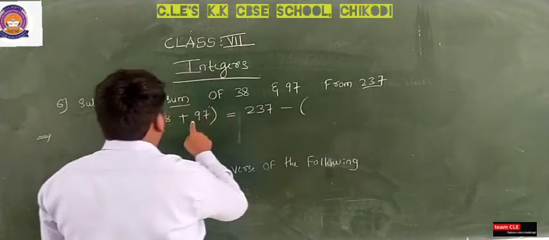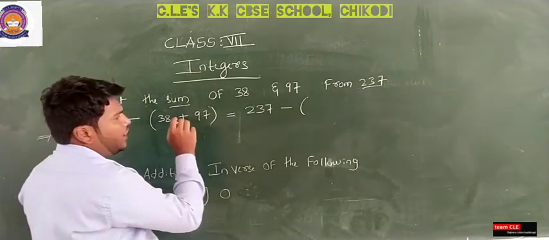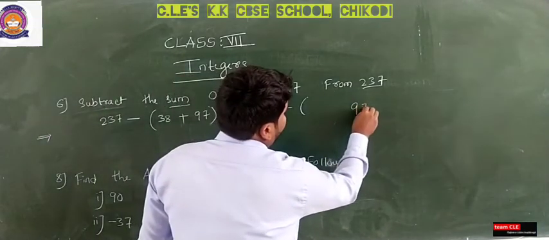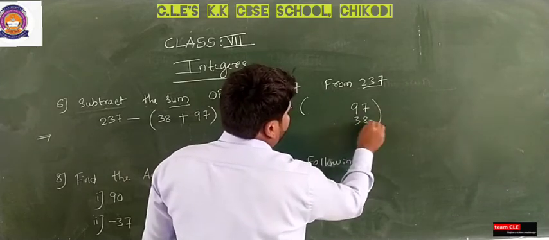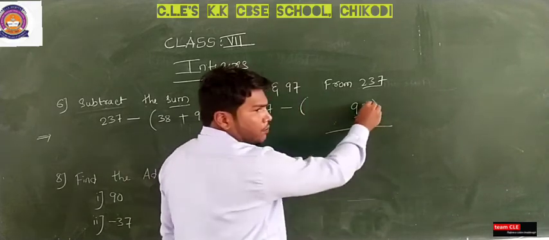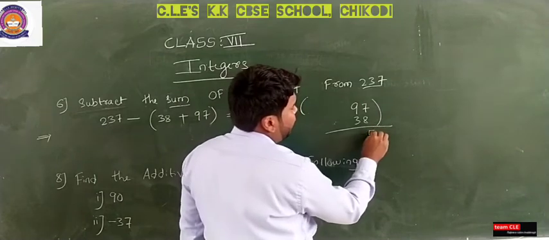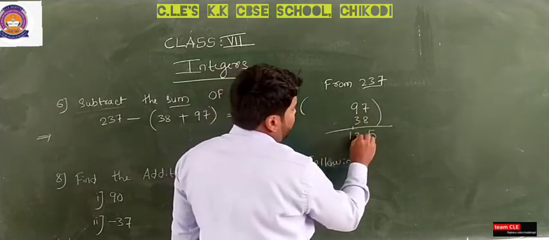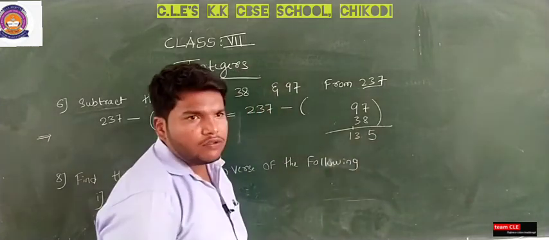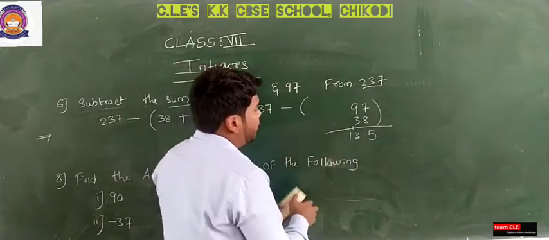Add first, do the addition here, 38 plus 97. Do the addition, 97 plus 38. 8 plus 7, that is 15, so 5 with 1 carry, so 9 plus 3 plus 1, that is 13, so 135. So we have to do the addition to get 135.